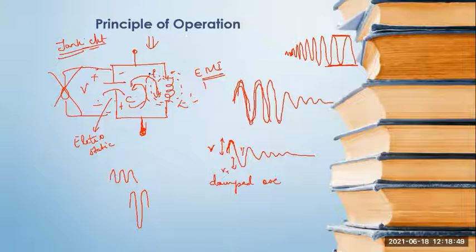It would try to lose all the electromagnetic energy by sending a current through the capacitor in the opposite direction of how it was charged previously. Previously, say this end was positive and this end was negative. Once the energy is transferred to the inductance and then back to the capacitor, we will have the capacitor being charged in the opposite direction.